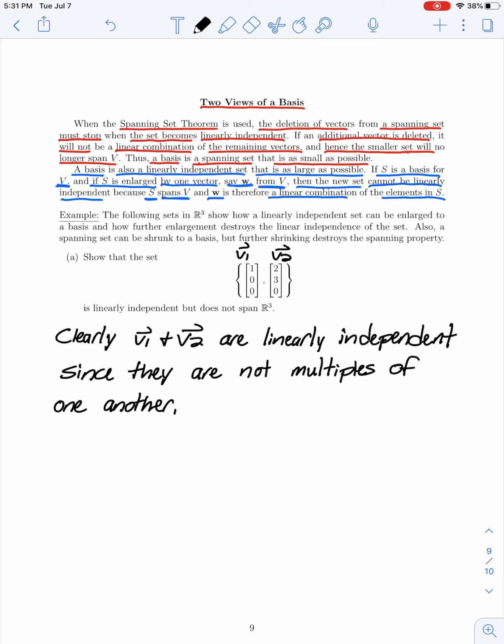Remember, a set of two vectors is linearly dependent if and only if one is a scalar multiple of the other. So these are clearly linearly independent.